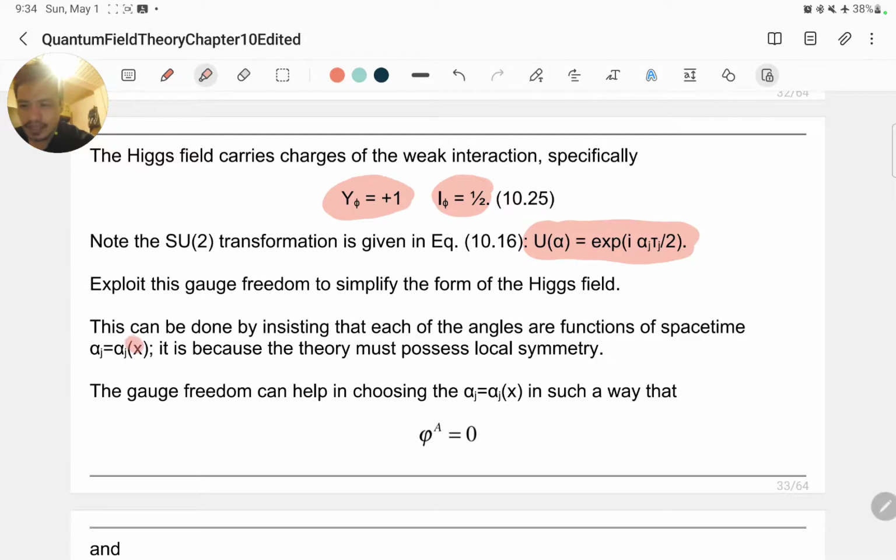This means alpha j is a function of x, which is just space and time. Why? Because the theory must possess local symmetry, and we have to find the local invariance of the theory.